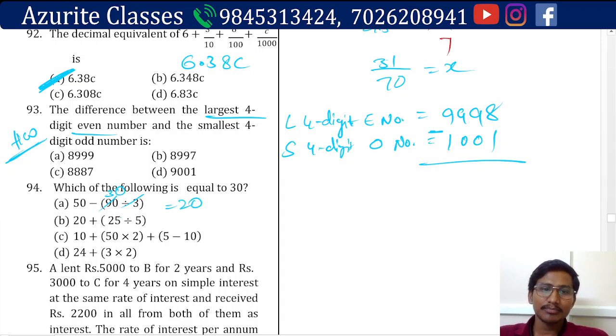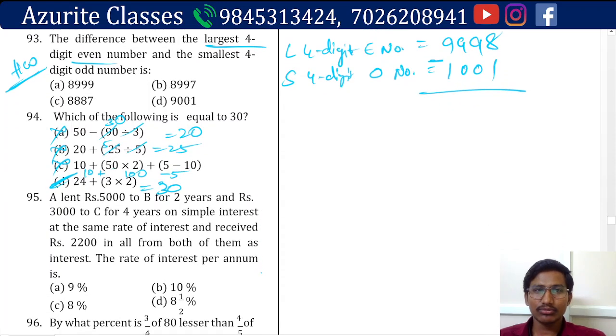Second one: 5 5s are 25, 20 plus 5, 25 will come, not possible. Third: 5 minus 10, so minus 5 will come, and 5 into 2, 100 will come, 10 plus 100 minus 5, that is very big, not possible. So D is the answer remaining. 3 2s are 6, 6 plus 24, 30 is the answer. D is the answer for question 94.